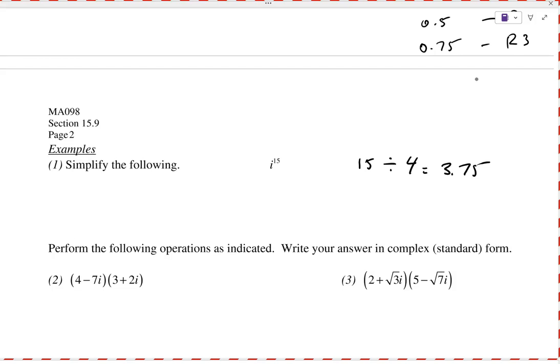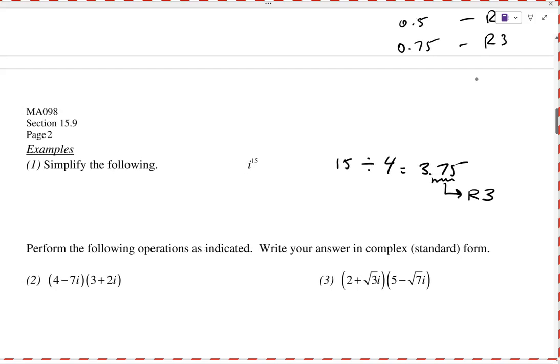What represents the remainder again? The 0.75. So that tells you your remainder is 3. So i to the 15th must be i cubed. And what's i cubed the same thing as? Going back up to that list above, it's negative i, right? Because again, the pattern goes i, -1, negative i, 1.